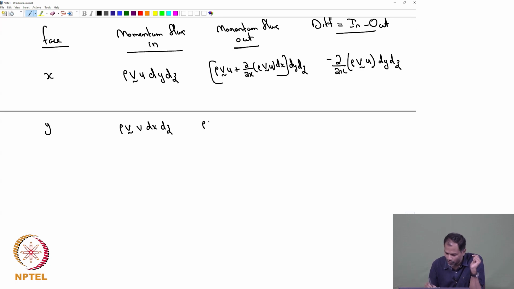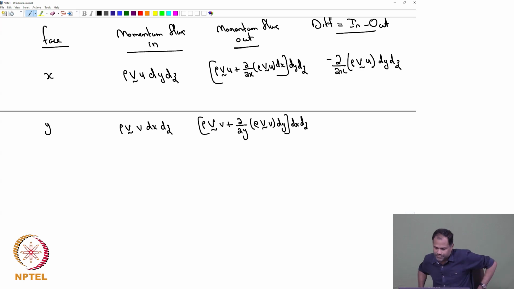Out will be rho v times v plus del by del y of rho v v times dy into dx dz, and therefore the difference is minus del by del y of rho v v times dx dy dz.